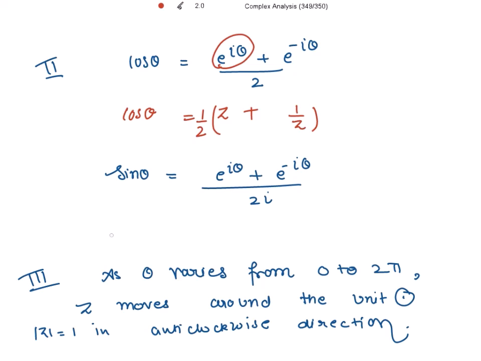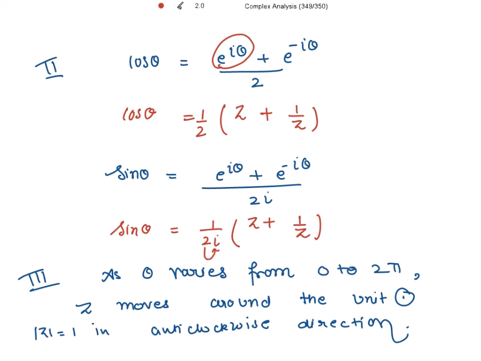Similarly, we can get sin theta to be equal to 1 divided by 2 iota into z plus 1 by z. Please remember, for sin theta, we have to multiply this 2 with iota, right?